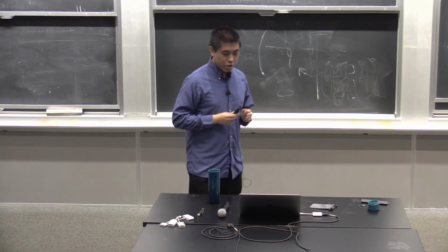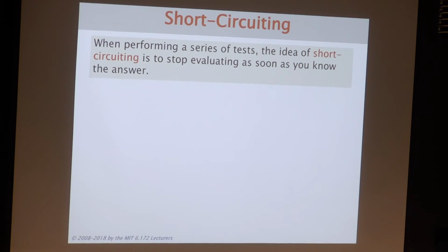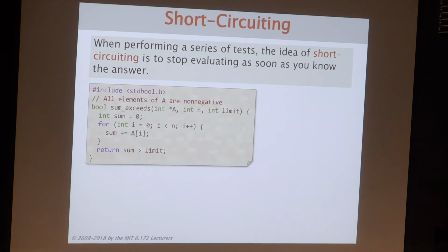Okay, so the next optimization is short circuiting. The idea here is that when we're performing a series of tests, we can actually stop evaluating this series of tests as soon as we know what the answer is. So here's an example. Let's say we have an array A containing all non-negative integers.